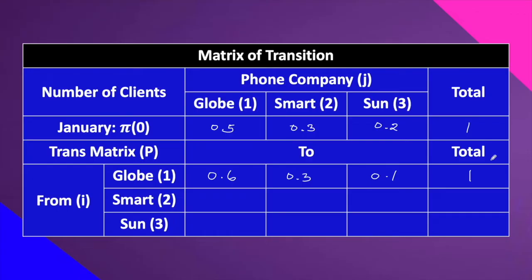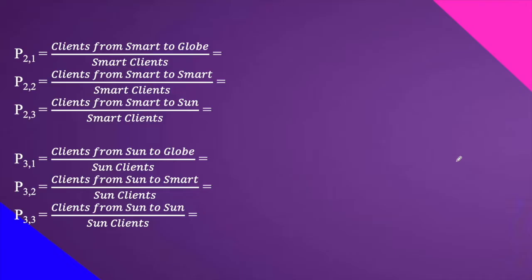From Globe. Next, P sub 2 and 1, clients from Smart to Globe. Okay, so this is for Smart and this is for Sun. Let's proceed directly and put fraction bars on them. So, what is the total of our Smart clients?